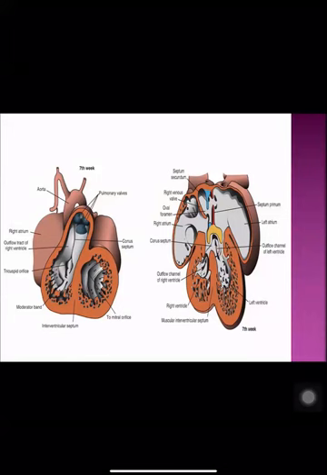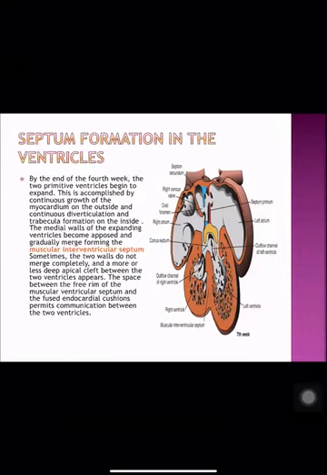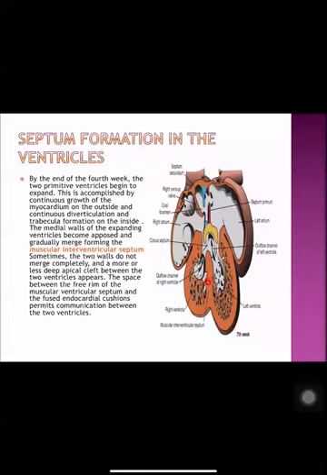Now, the formation in the ventricles is more than that in the atrium. When there will be expansion of both ventricles, part of the wall will fail to grow. So both walls will merge with each other, forming the muscular portion of the interventricular septum. This also will not be complete.